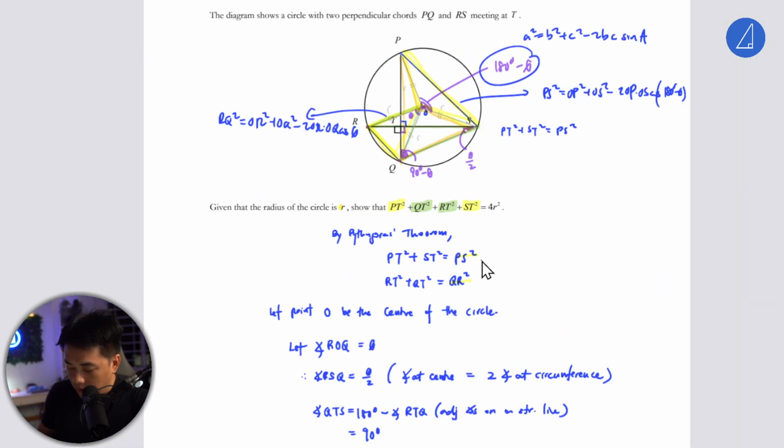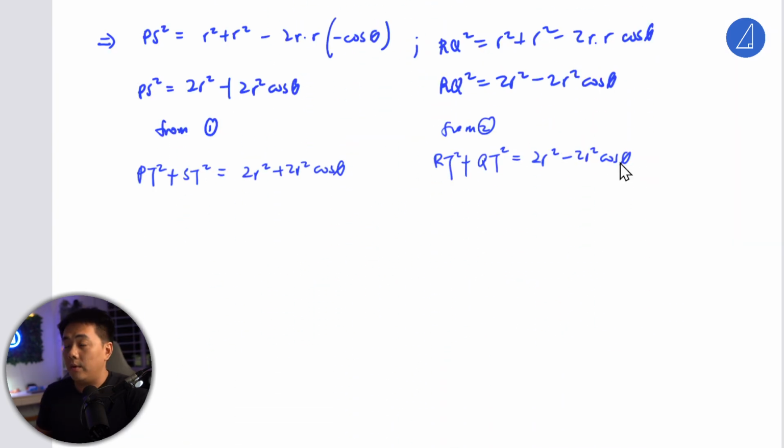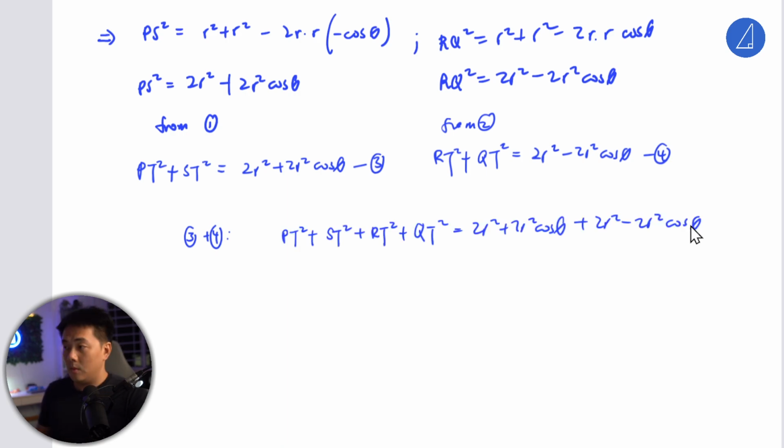We label these as 1 and 2, so we can reduce to this case here. Then I'm just going to sum them up: the left hand side plus the left hand side equals the right hand side plus the right hand side.